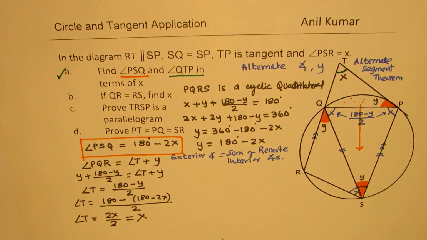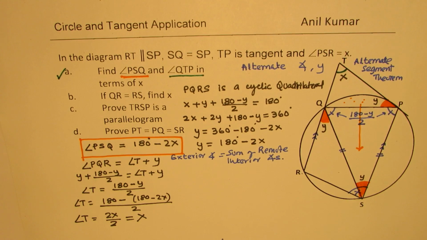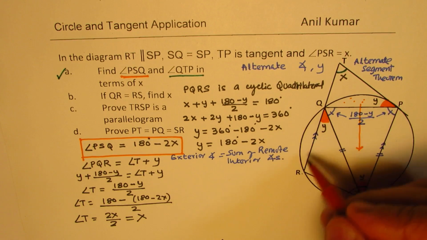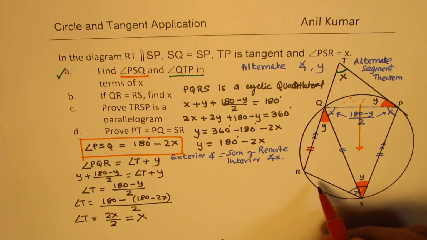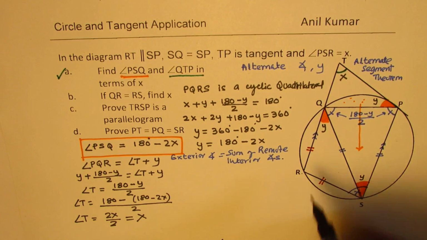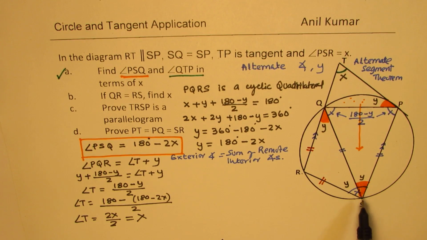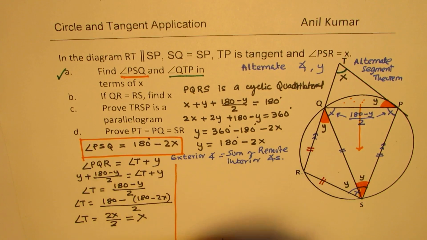Let's focus on part B, which is if QR equals RS. Okay, so let's see what QR and RS are. If QR is equal to RS, then this becomes an isosceles triangle, and this angle Y will also be this angle Y. So we know from here that Y is half of X, right?